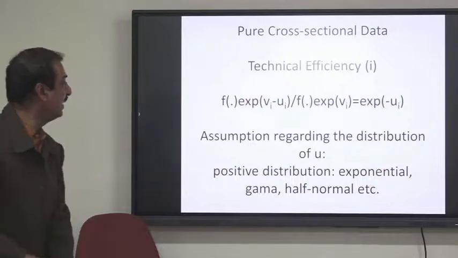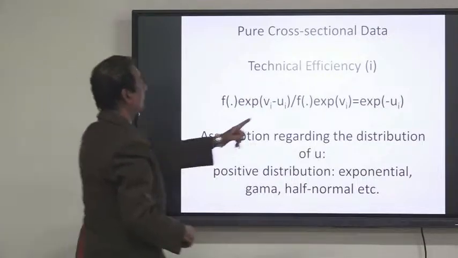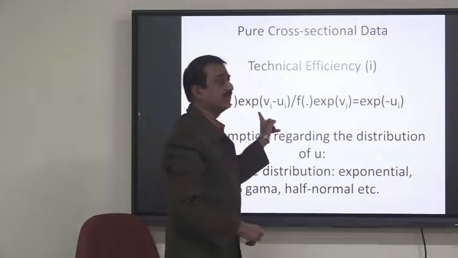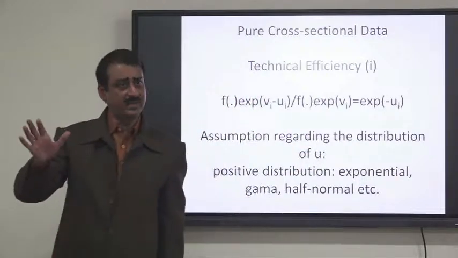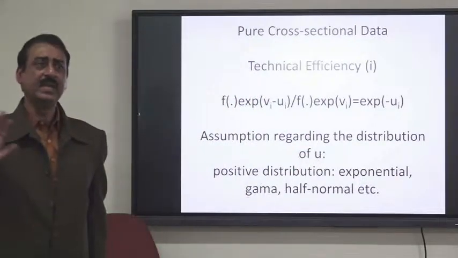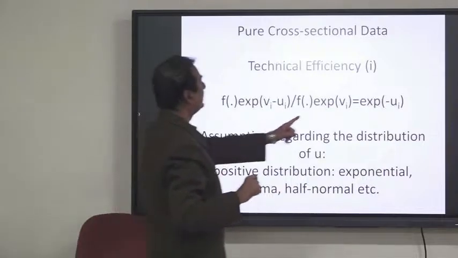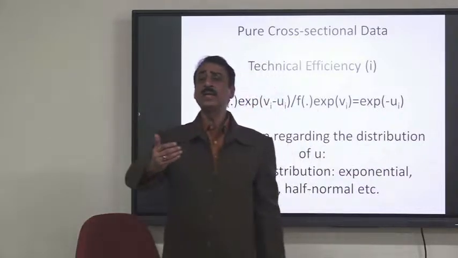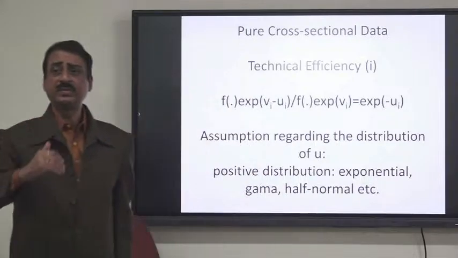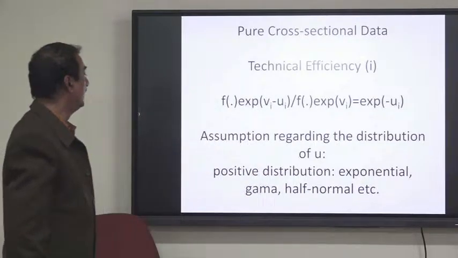That is what we are denoting in terms of U. V is nothing but the random error, which will always be present in any econometric exercise. But U is basically representing why your efficiency is 70% and mine is 60%.